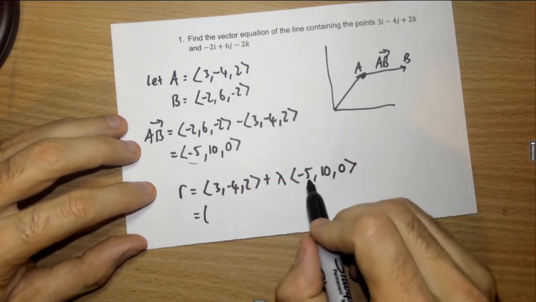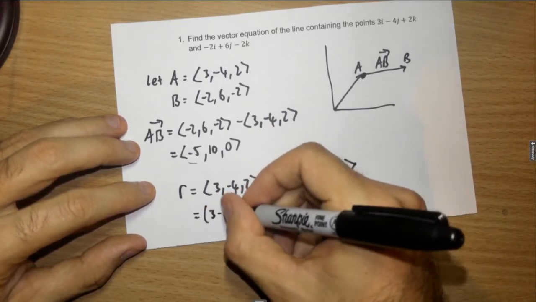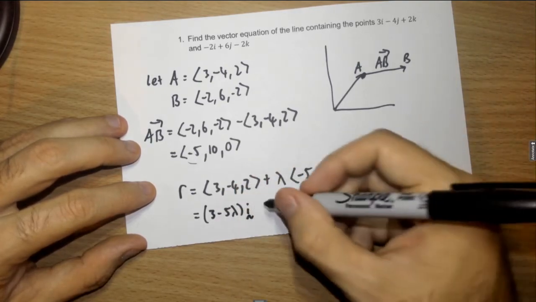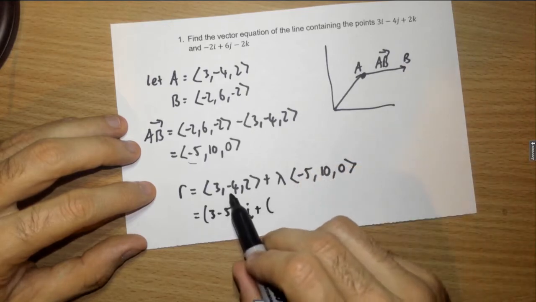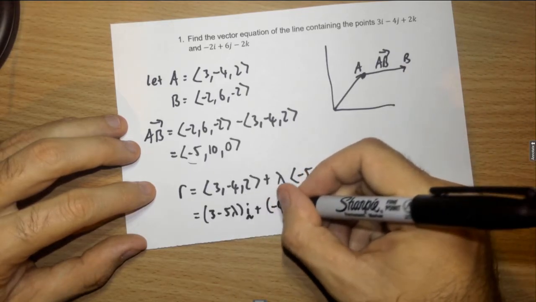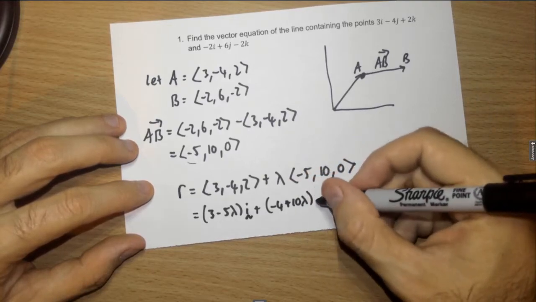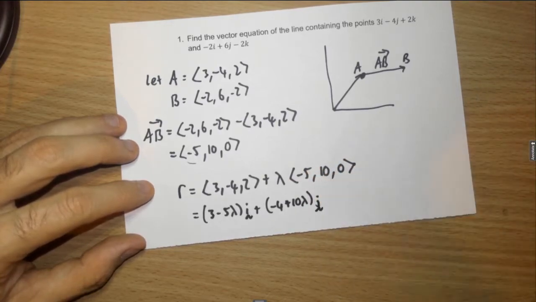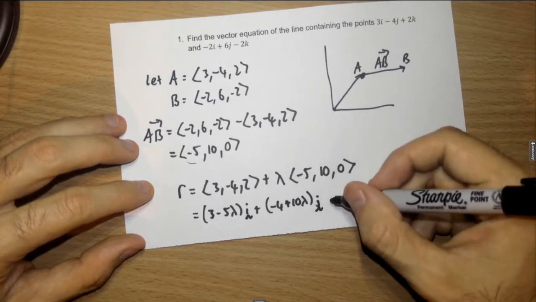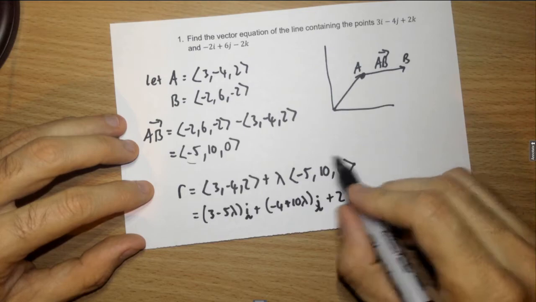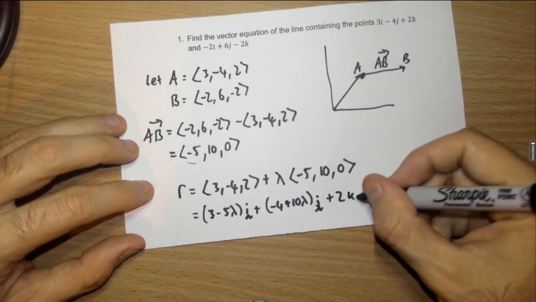So x matches with x, so 3 take away 5 lambda in the i direction, plus minus 4 plus 10 lambda, and that's going in the j direction, and then we've got plus 2 plus no lambdas in the k direction.